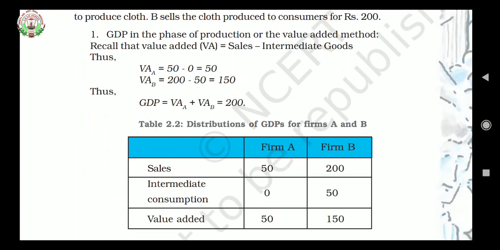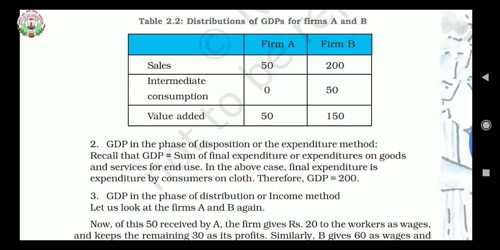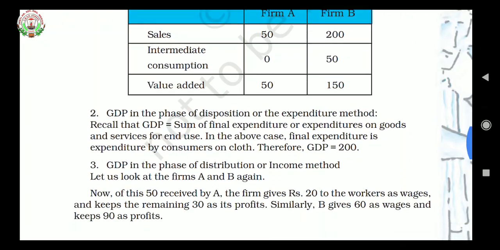So GDP equals the value added of firm A plus firm B, which equals 200. Sales for firm A were 50 and for firm B 200. Intermediate consumption was nil for firm A and 50 for B. So the value added was 50 and 150.